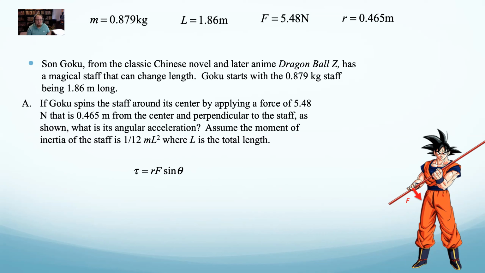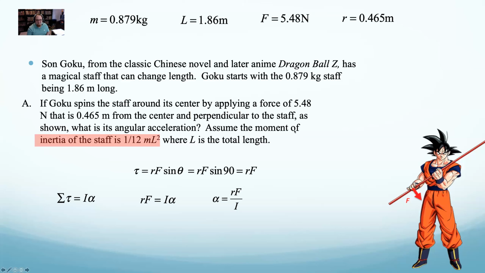Torque is r F sine theta. I didn't give an angle when I wrote it, but I did say perpendicular, so my angle is 90 degrees, and my torque is rF. I know the sum of torques equals I alpha, which means rF equals I alpha. I can solve for alpha, my angular acceleration, because alpha is rF over I. I didn't explicitly give an I, but I kind of did.